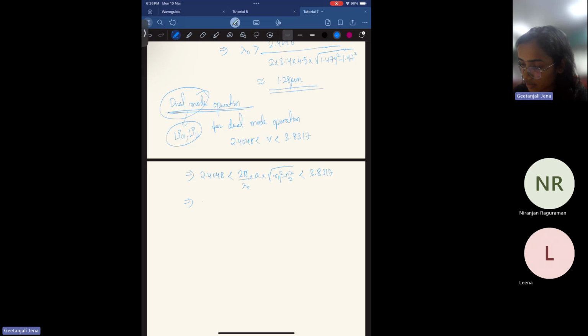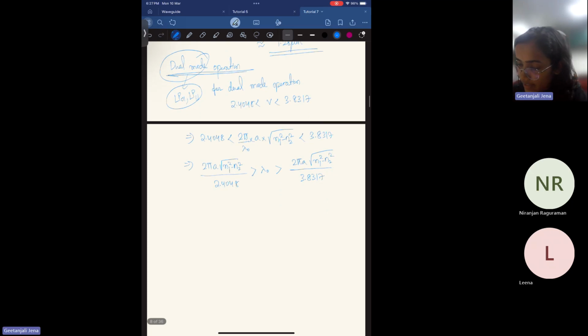So that means we have 2 pi a square root n1 square minus n2 square over 2.4048 should be greater than lambda 0, which is greater than 2 pi a square root n1 square minus n2 square over 3.8317.